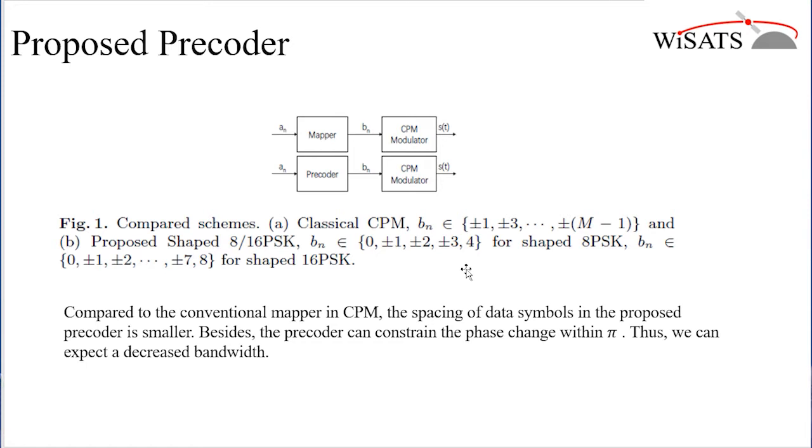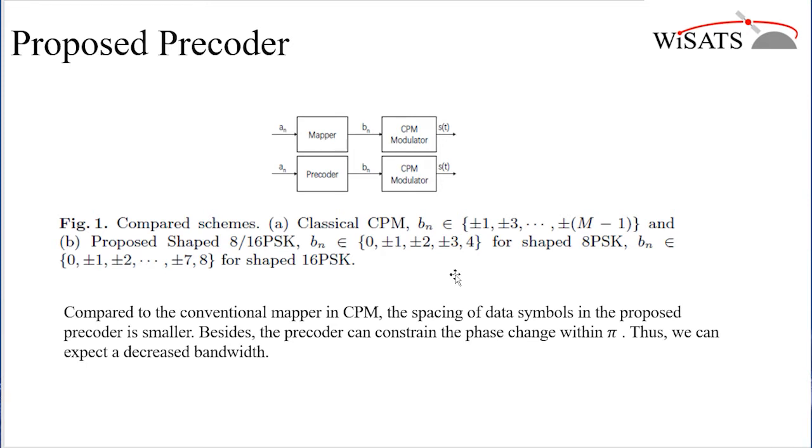Instead of using the mapper, we propose a precoder based on 8 or 16 phase shift key to convert the original binary bits to data symbols drawn from a different alphabet. The role of the precoder is to orient the phase of the continuous phase modulation signal to make it behave like the phase of an 8 or 16 phase shift keying signal.